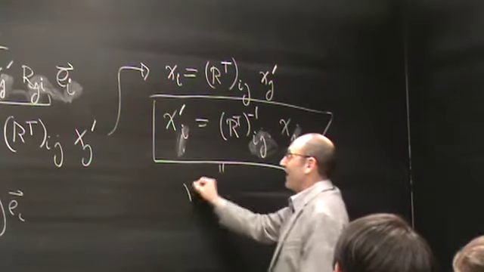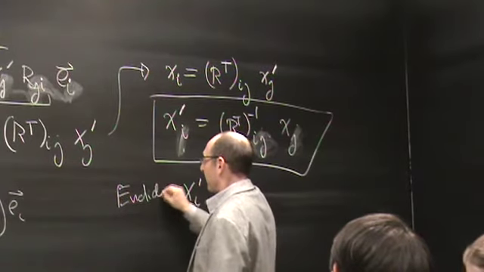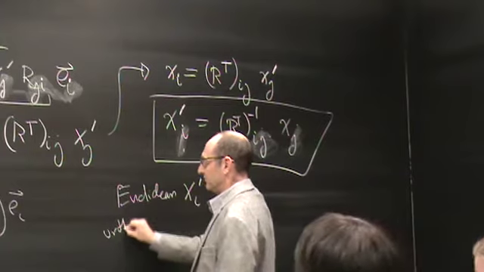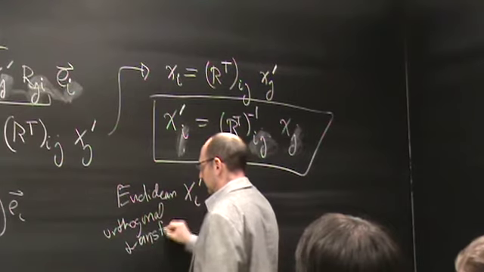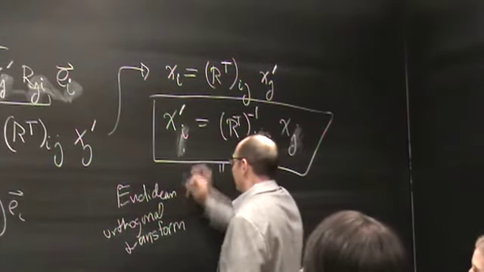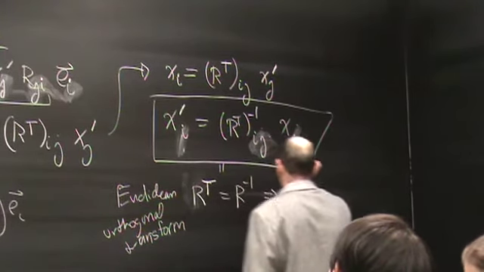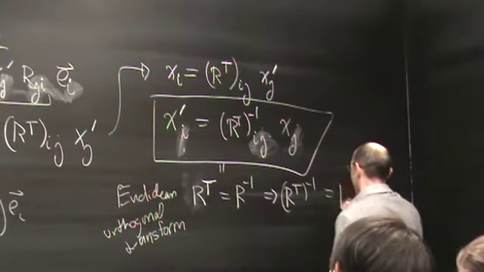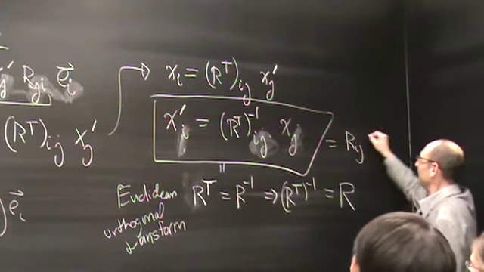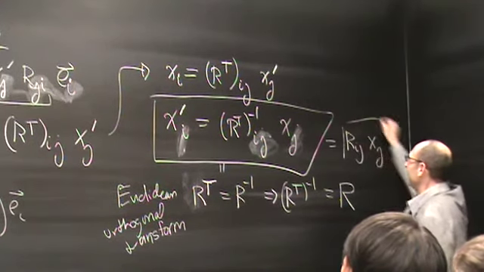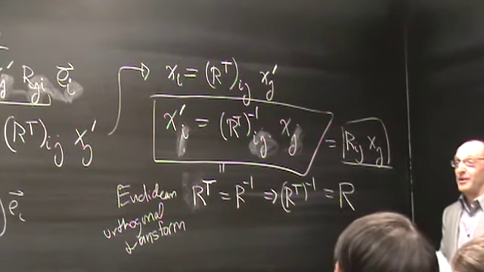So for Euclidean orthogonal transformations, the transpose is equal to the inverse, so the inverse of the transpose is back to R again. So in this case, it doesn't make a difference. The same transformation matrix that transforms the basis vectors also transforms the coordinates.